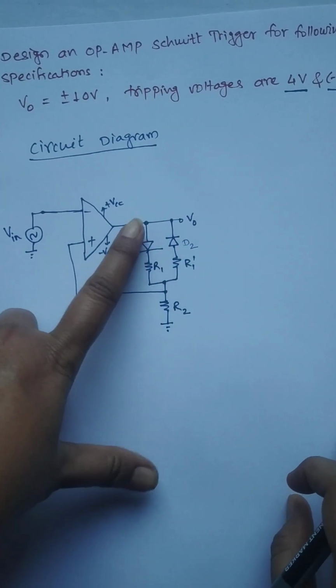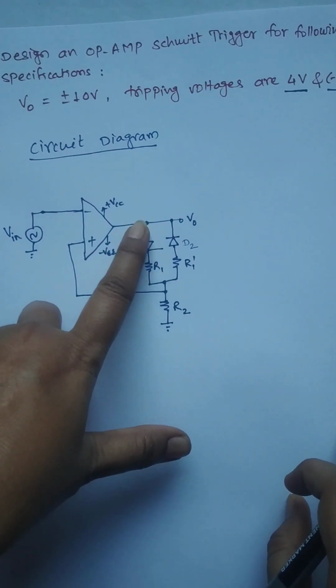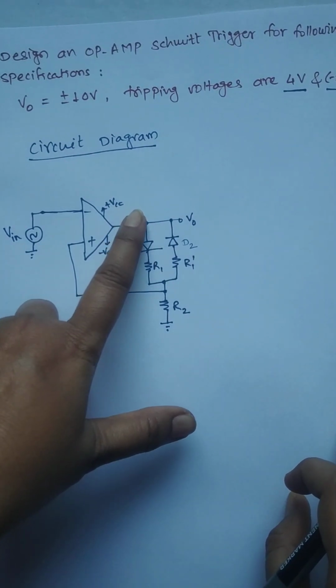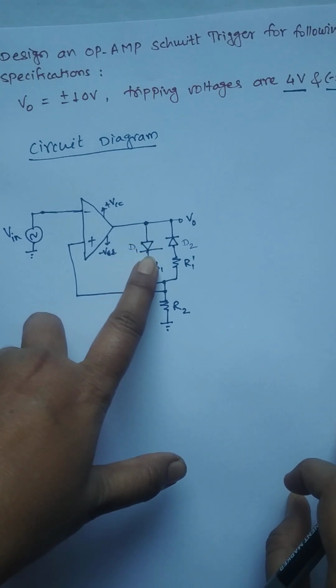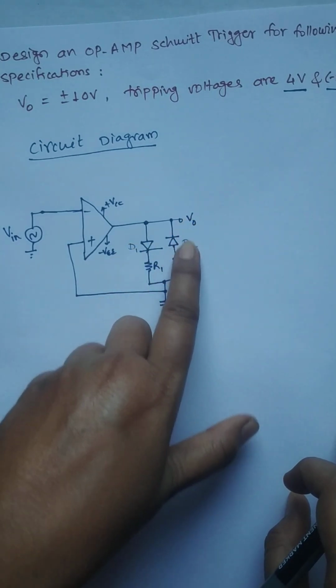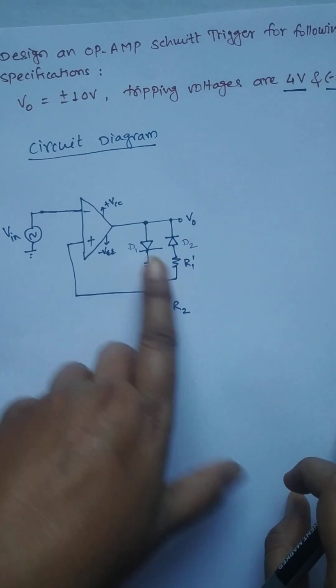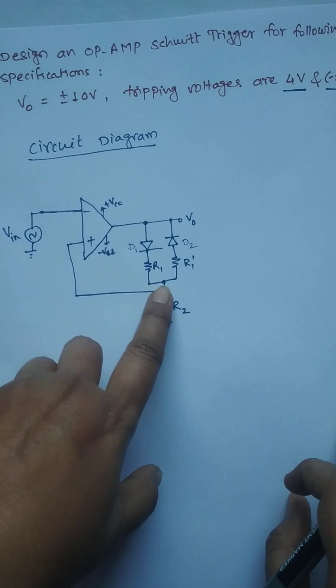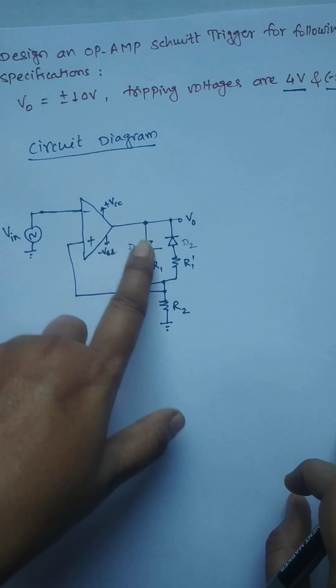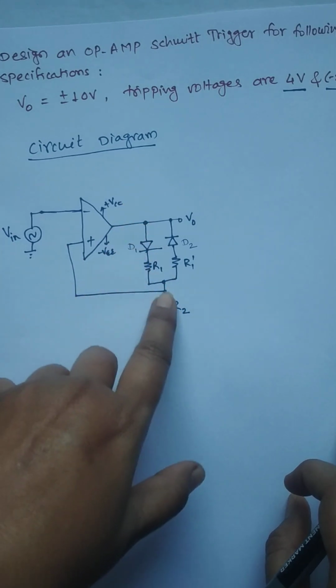Whenever V output is positive, whenever we are getting plus Vsat here, diode D1 will be forward biased, D2 will be reverse biased, so that resistor will not come into the picture. D1 will be forward biased and act as a closed switch, and the circuit will work in the same way as the symmetrical circuit we were having.